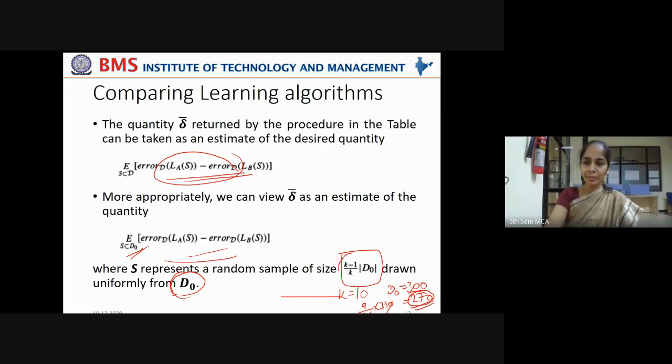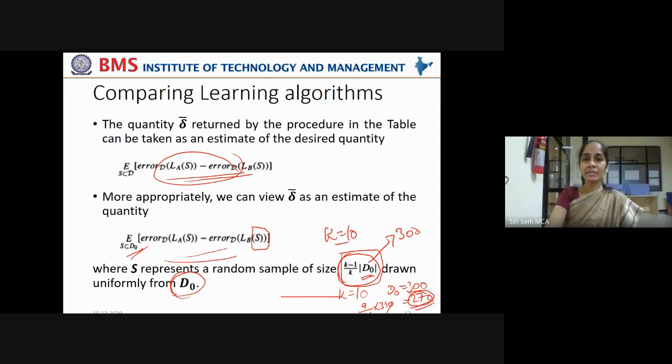That is what we mean by this measure, where S represents a random sample, that is the training set of size k minus 1 by k multiplied by absolute value of D naught. That is total 300 data points. And k is equal to 10.